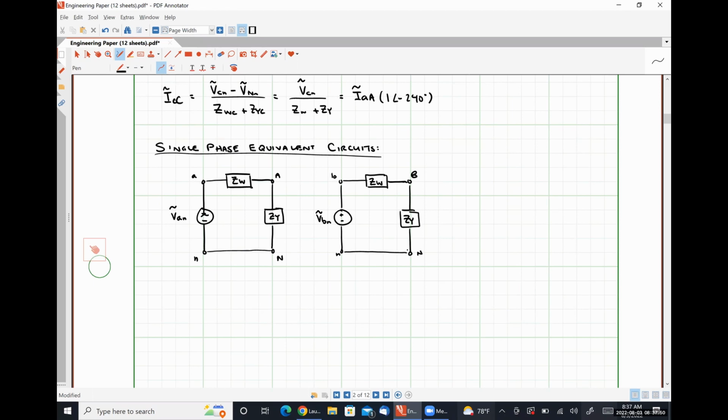And then we will have a C-phase equivalent circuit. Sorry, that should be capital C.